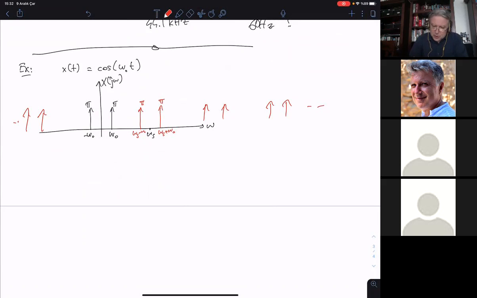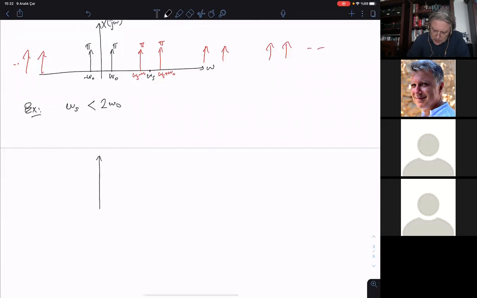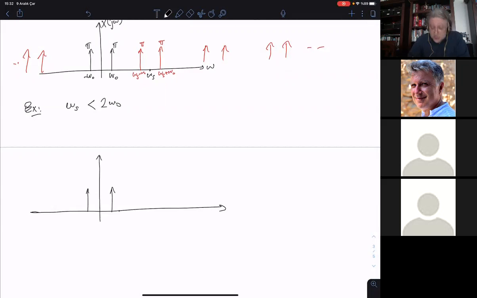But suppose that we choose omega s, let me continue with an additional example, omega s less than 2 omega 0. I will try to draw it here. We have these two impulses at omega 0 and minus omega 0, and omega s is somewhere here, which, as you see, is less than twice omega 0.